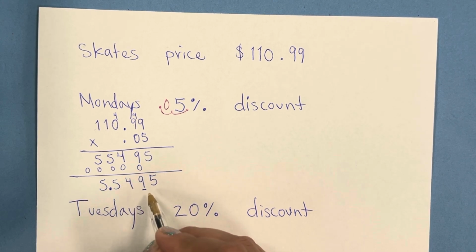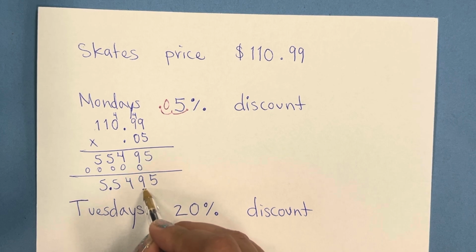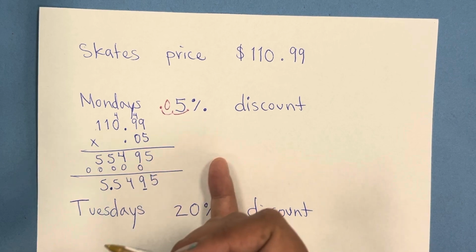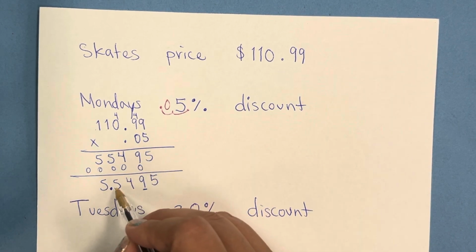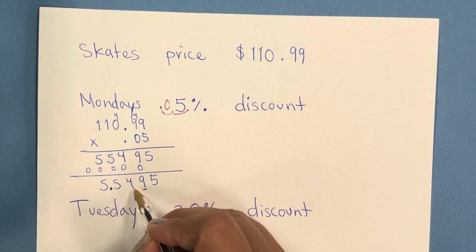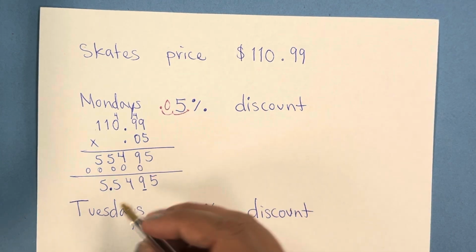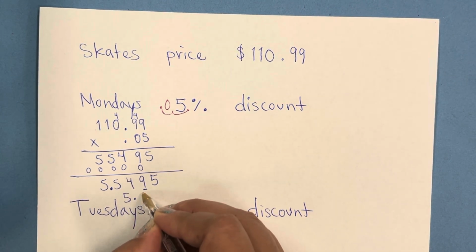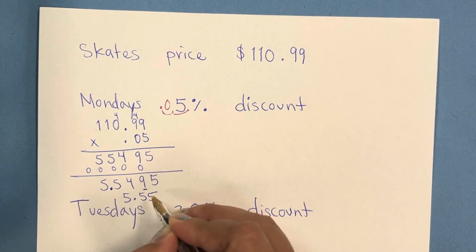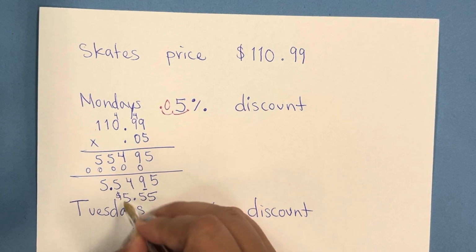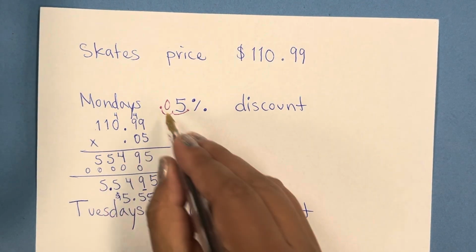But if this is 4, 3, 2, 1, or 0, then this stays the same, and you get rid of whatever is after the second place. So this will be $5.55. That's my discount. That's how much I'm going to save on Mondays.